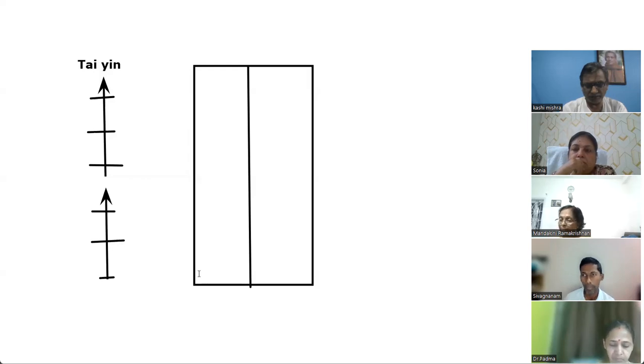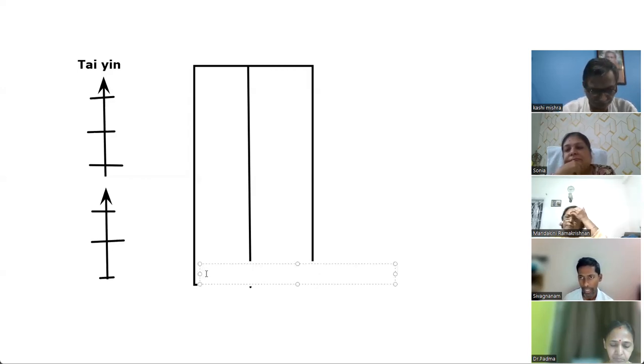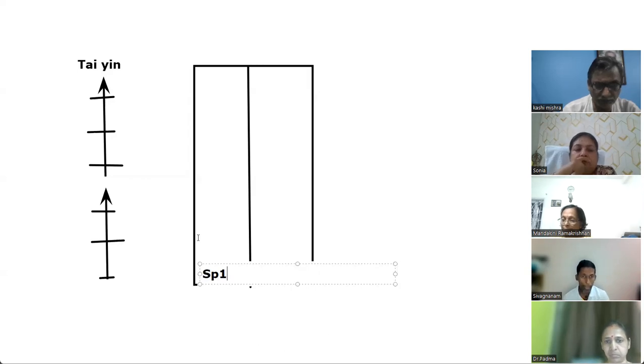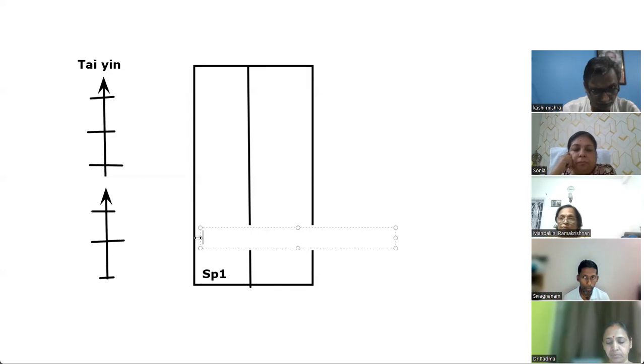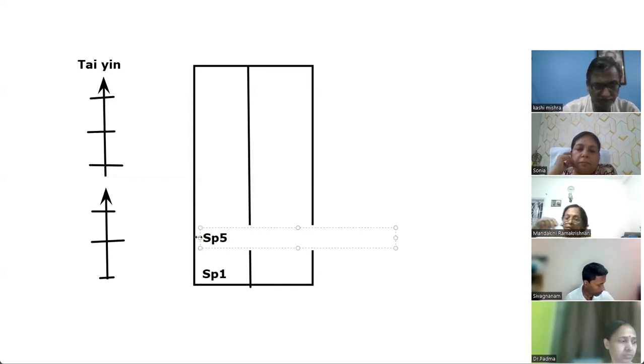You can write, if you want, only energy also, so that we can apply in all the channels, all the long meridians. SP1 is wind point. What is heat point? SP5.